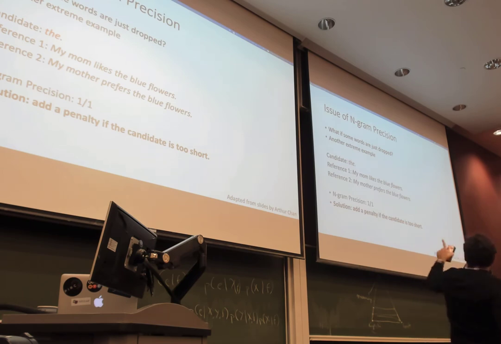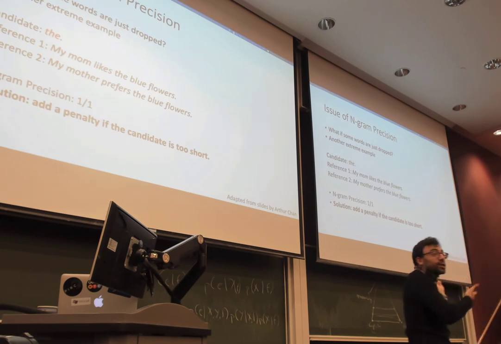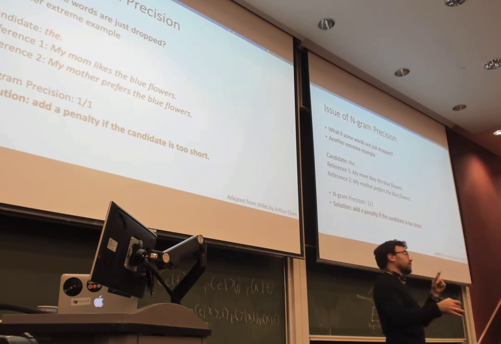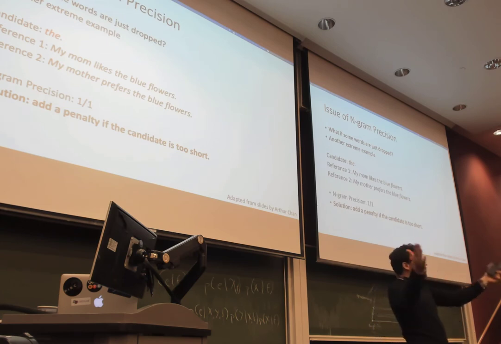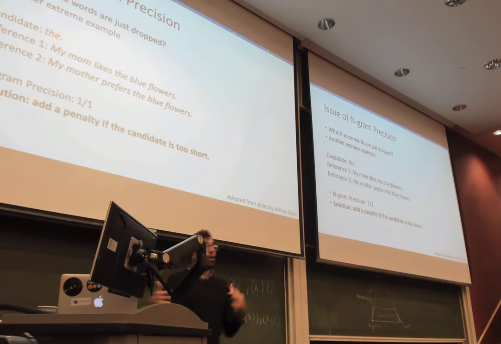We just generated "the", which appears in the references, so again we have a precision of 100%. Clearly we're not good. So the additional solution was to add a brevity penalty that penalizes the system if it produces too short of candidates, given the desired length of the output.